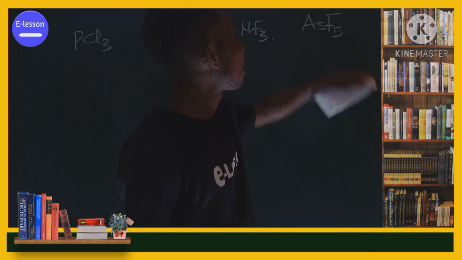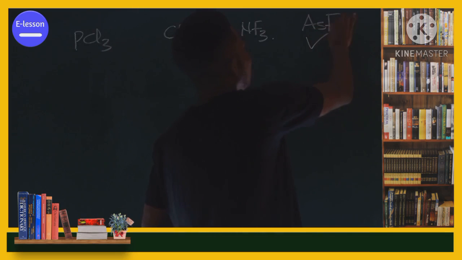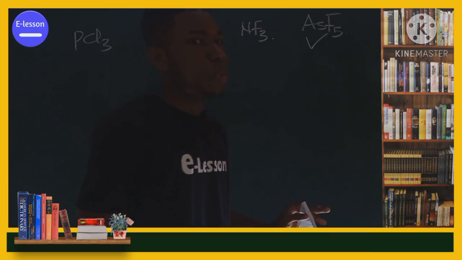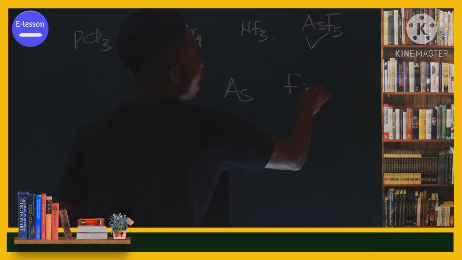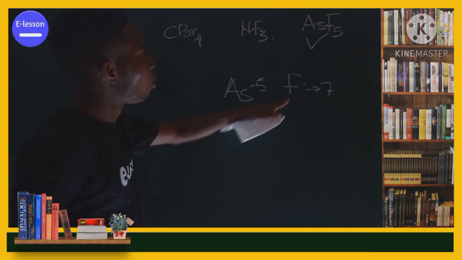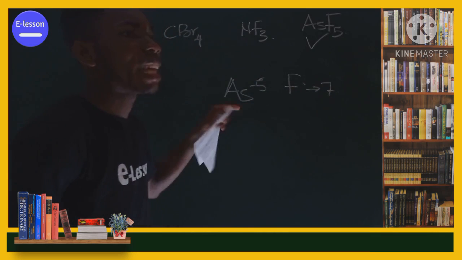So this one that is greater than 5 automatically violates the Octet rule, because arsenic has 5 valence electrons, fluorine has 7. Fluorine is more electronegative than arsenic.